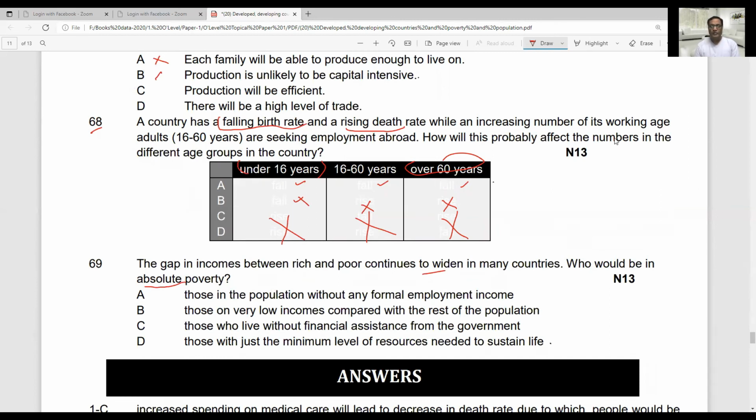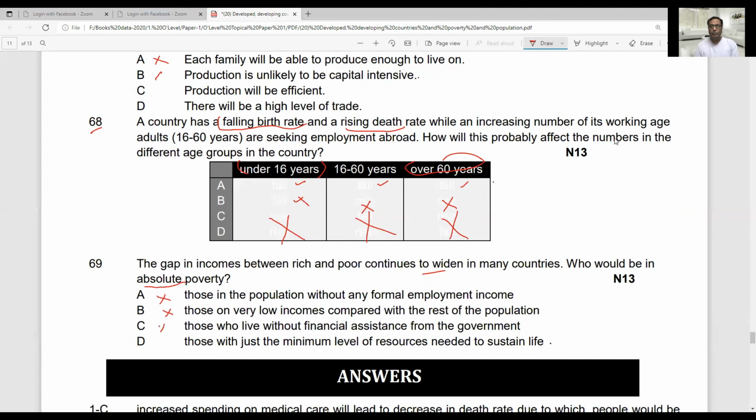So option A says those in the population without any formal employment income. This is not necessary, because you might be earning from informal employment. Those on very low income compared with the rest of the population. When we compare our income with someone else's income, it is relative poverty, not absolute poverty.